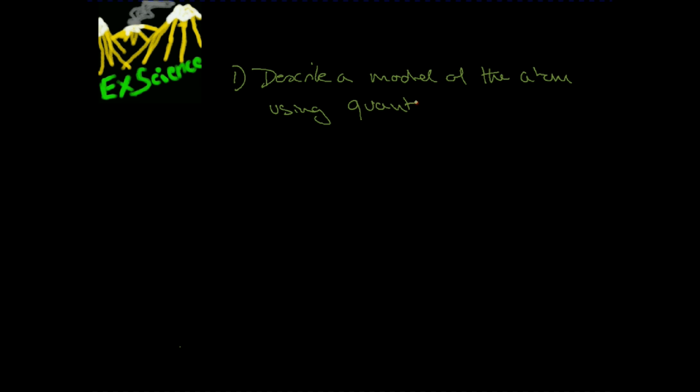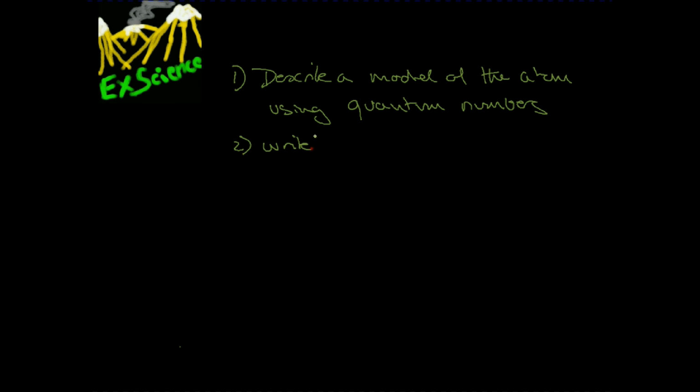In this video, we are going to look at a quantum mechanical model of the atom. At the end of this lesson, you will be able to: 1. Describe a model of the atom using quantum numbers. 2.